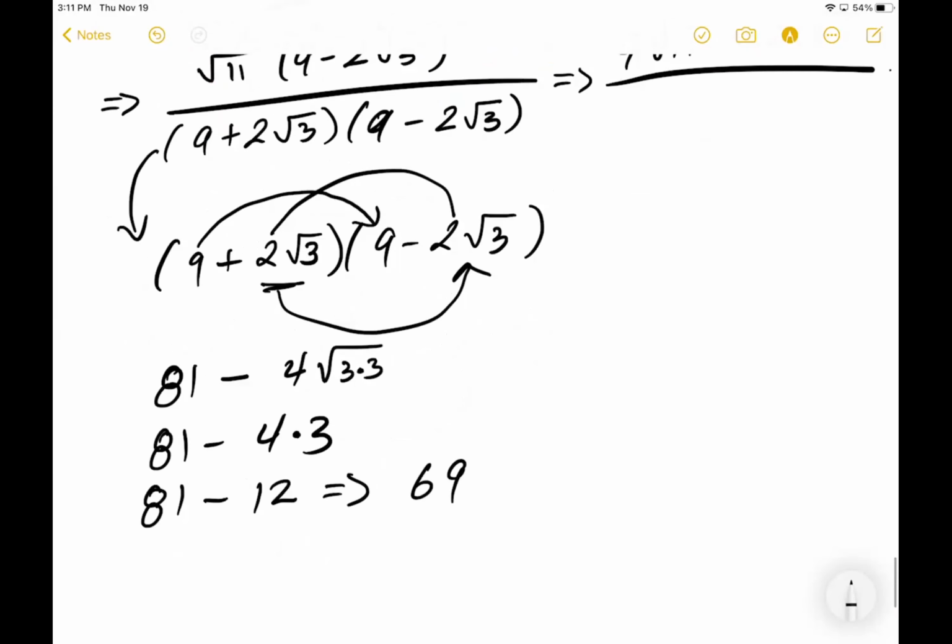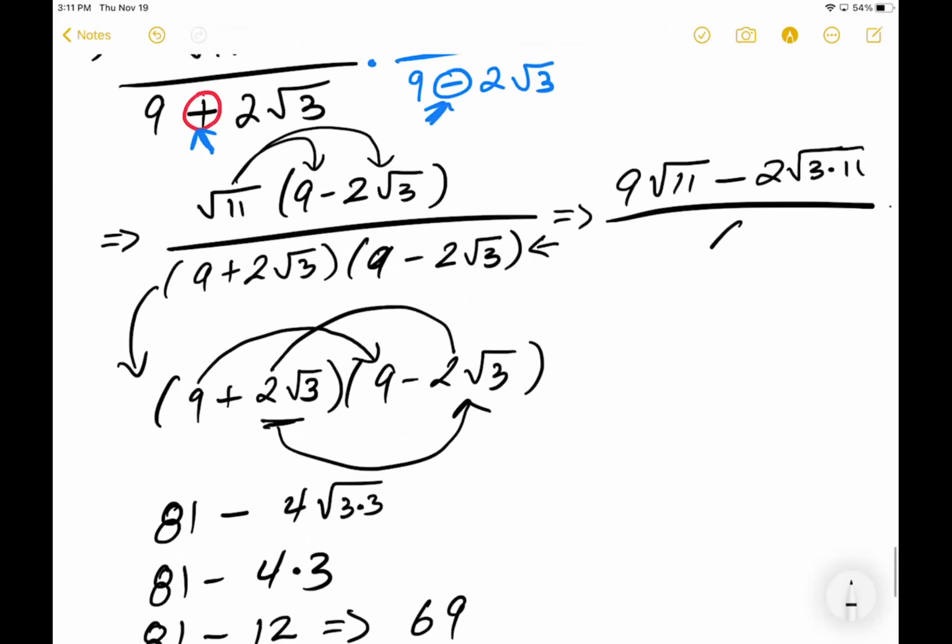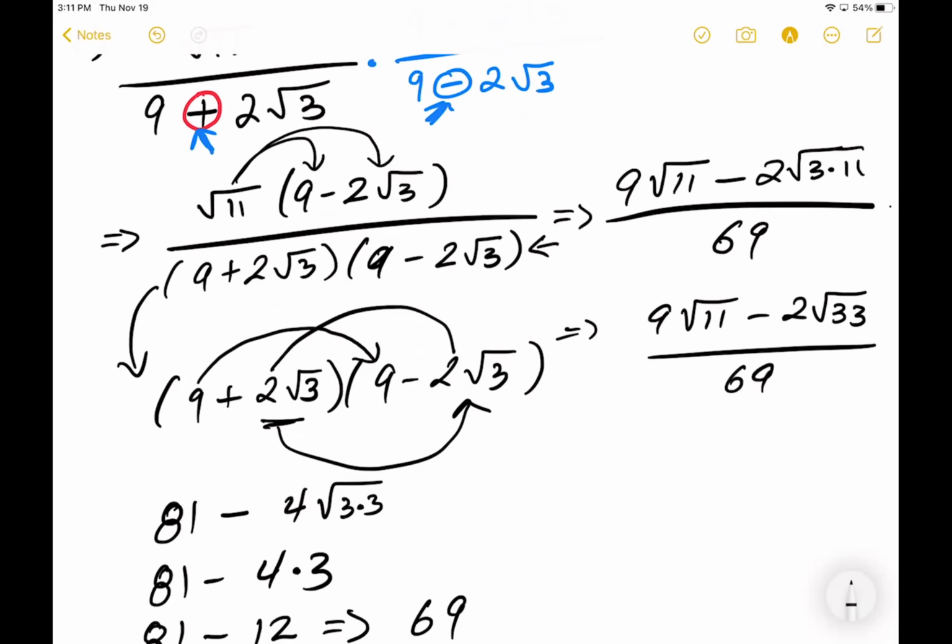So whatever the denominator is, ladies and gentlemen, the denominator is 69, and this is what we have for the numerator. To do this, the numerator, I have 9 square root of 11 minus 2. What is 3 times 11? Well, 3 times 11 is 33. 69 is my denominator.